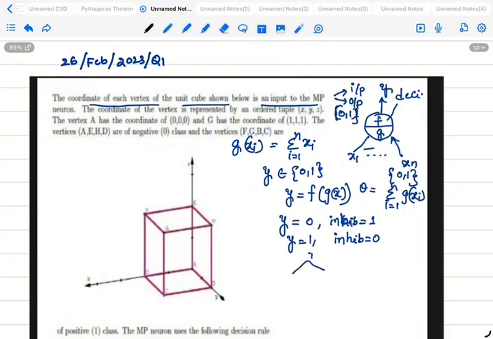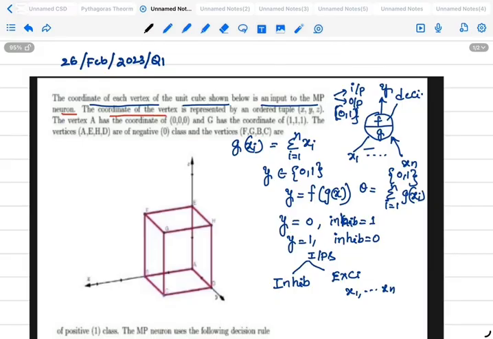So x1 to xn are all called excitatory inputs.